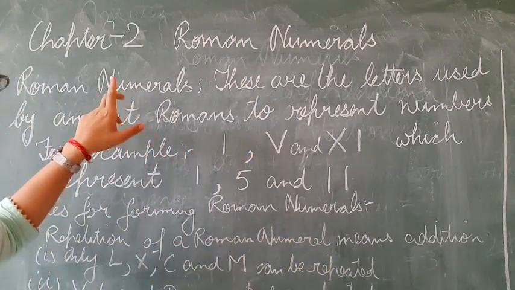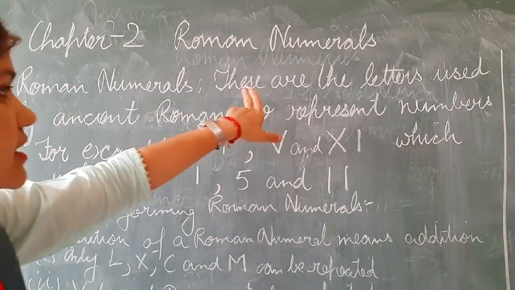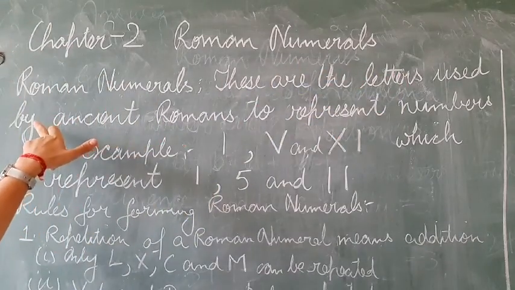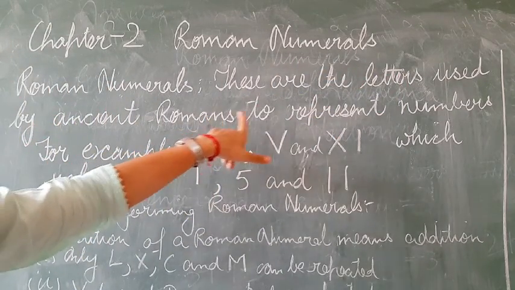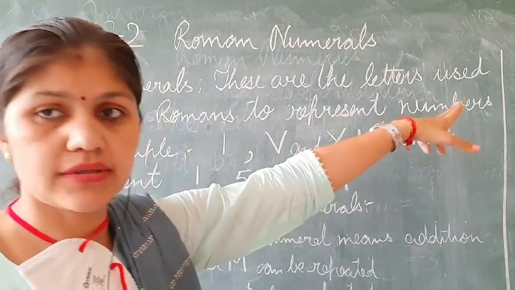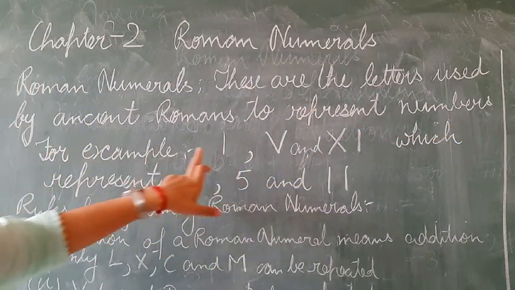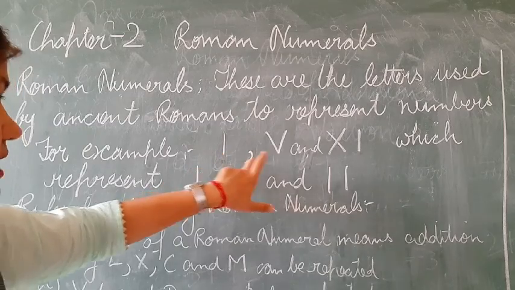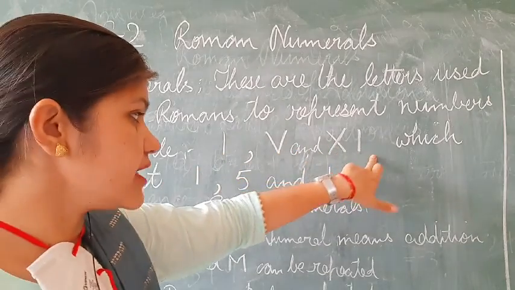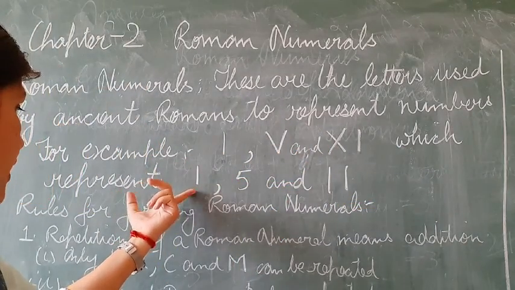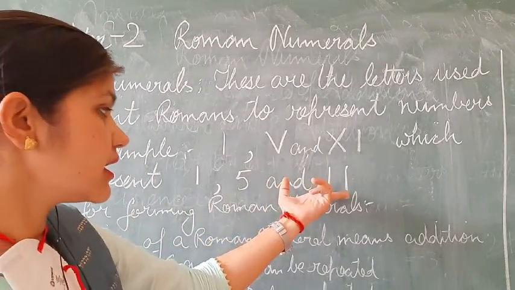Definition of Roman numerals. Roman numerals are the letters used by ancient Romans to represent numbers. For example, I, V, XI, which means 1, 5 and 11.